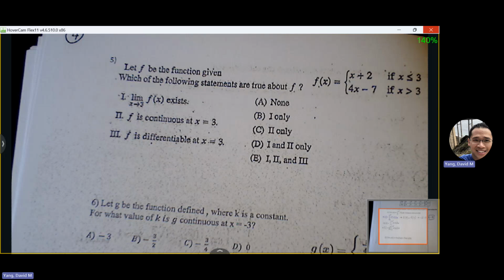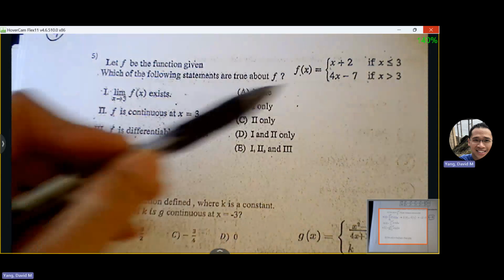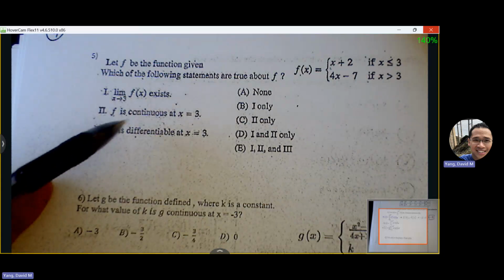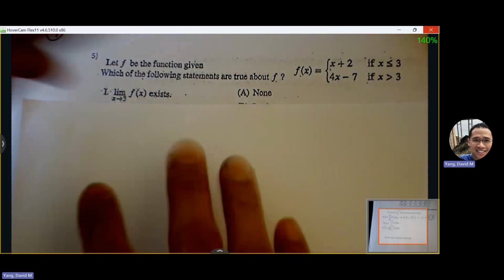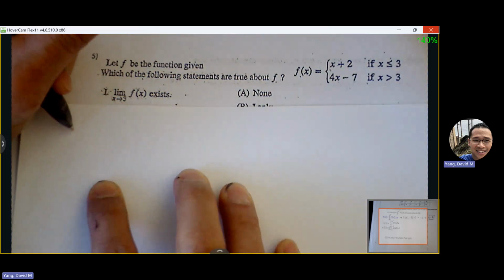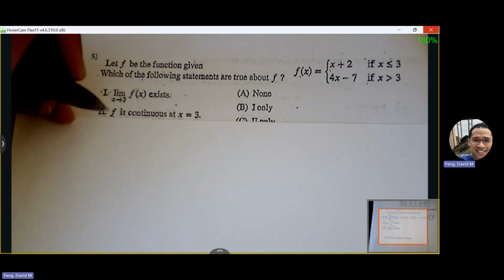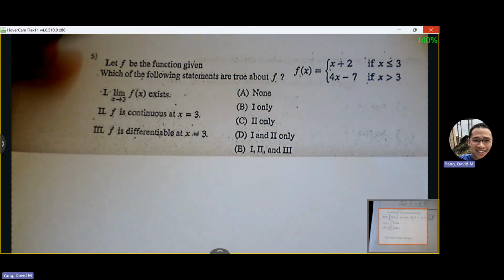Let f be the function given. Which of the following statements must be true? Right now, it's not so obvious what's happening here. So anytime I see anything with continuity, I'm just going to step through my continuity conditions, and once I step through it, I can go back and decide which one I want to keep.